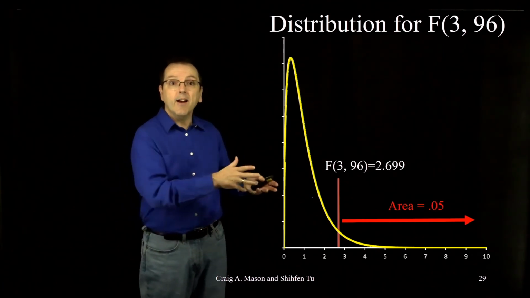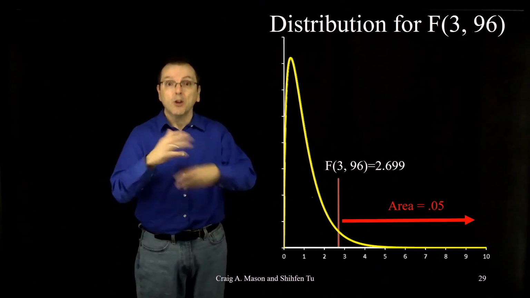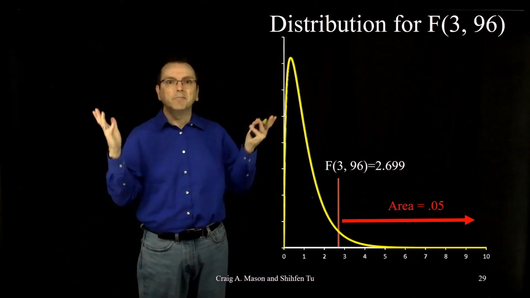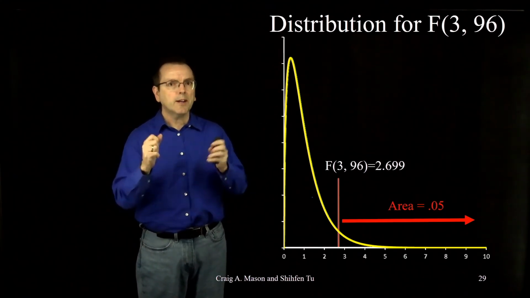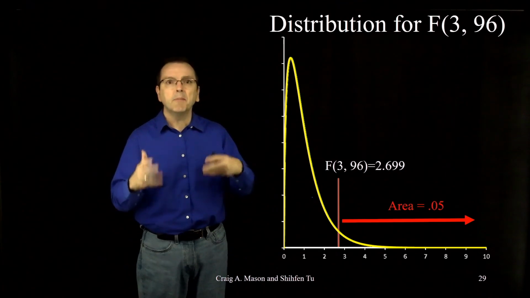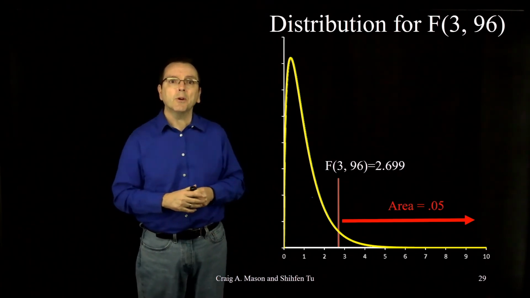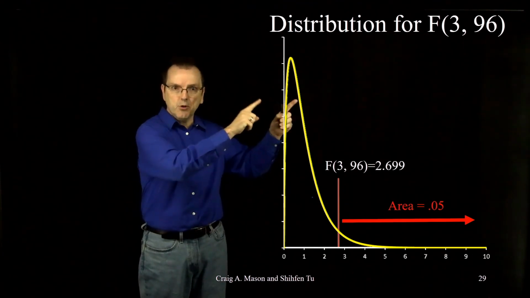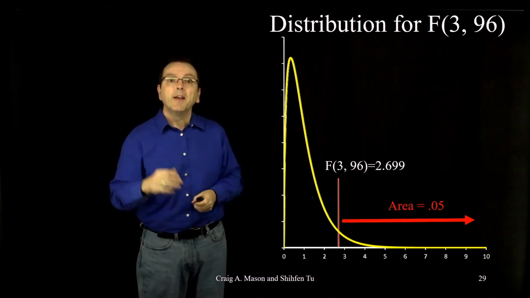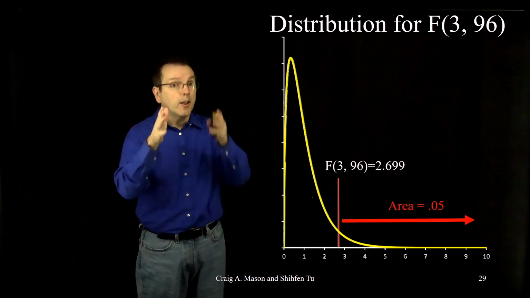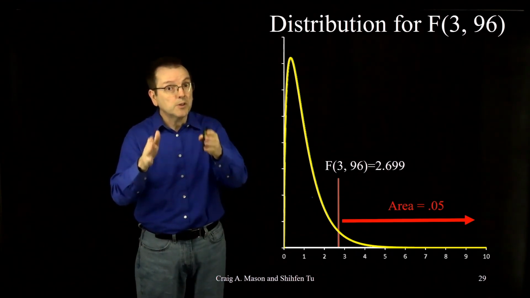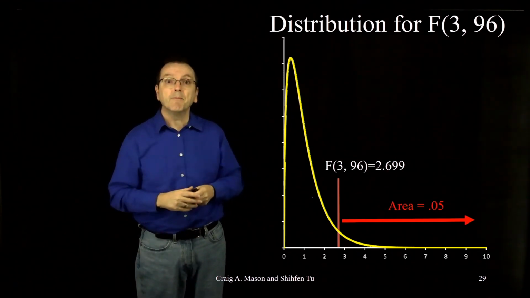Now, to get the area above the F that you obtained in your study, just use a table or a calculator or some other method to find that area for your F score based on the correct degrees of freedom. That area above the F score you obtained in your study is your p-value.